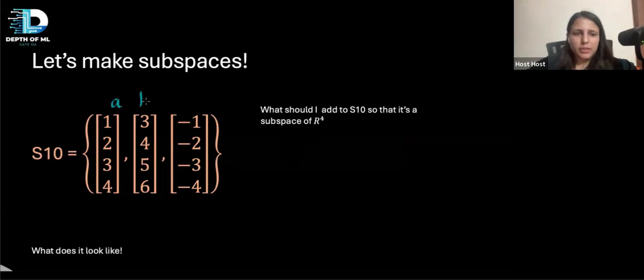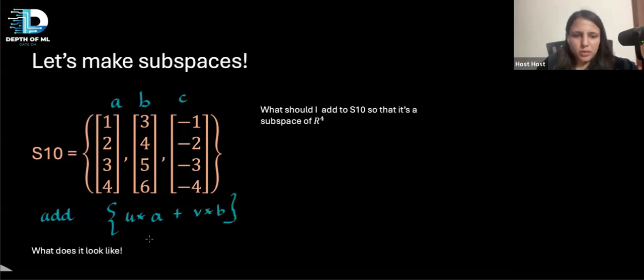So I'll call them vector A, B, C. And I will say add, let's say U times A plus V times B, where U and V are coming from R. Okay. Others also agree that if I take the linear combination of these two, I will get the subspace. Fine.